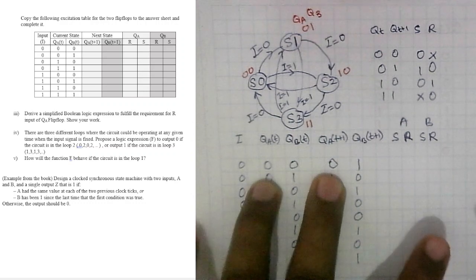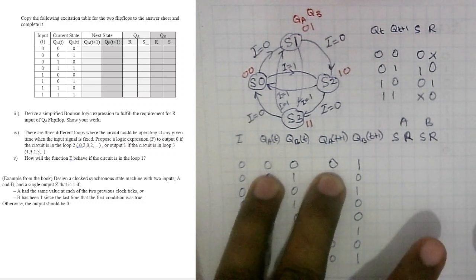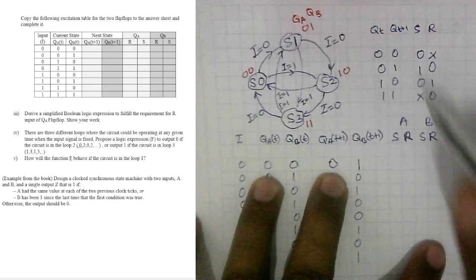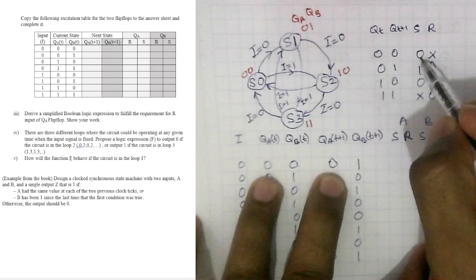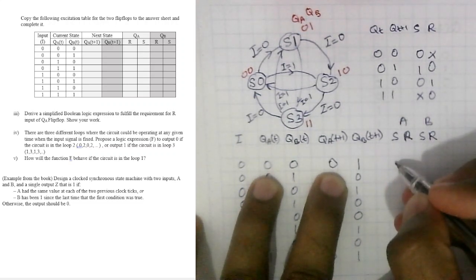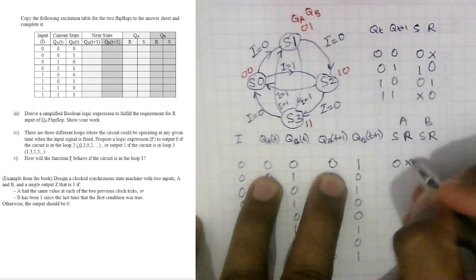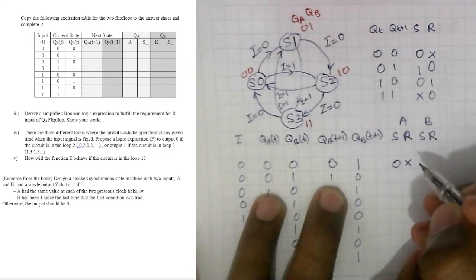So let's consider QA here. QA is going from 0 to 0. So you can refer here, 0 to 0: S should be 0, R we don't care. So you can copy that row here: 0, don't care. You can follow A first, then we can move to B.